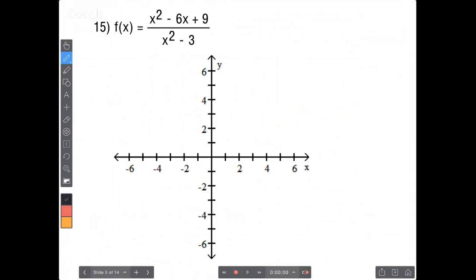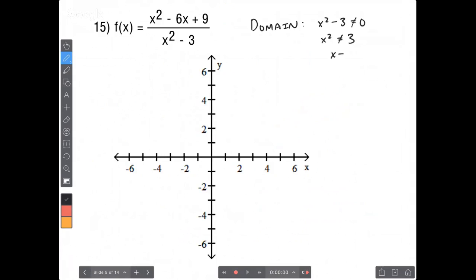So let's see. Let's look at domain. Our domain on number 15 should be, we know that x squared minus 3 cannot equal 0. So we know x squared cannot equal 3.